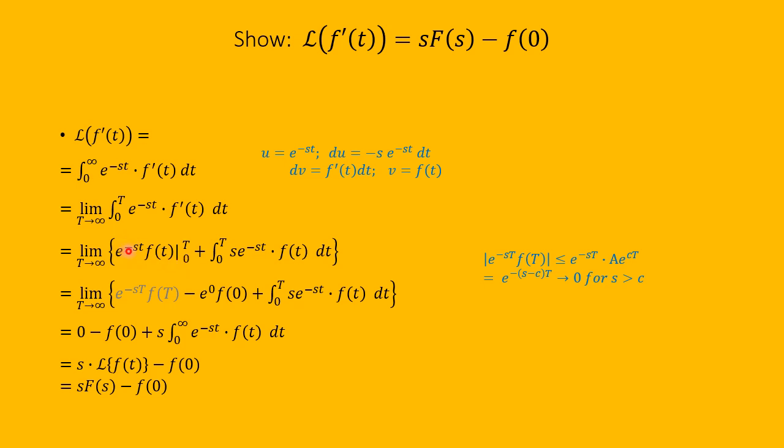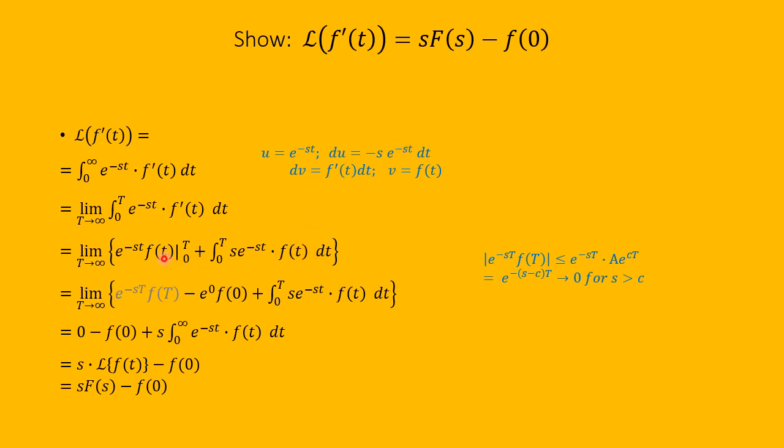Okay, we also have minus the integral of v du. So v is f of t, and du up here is minus s e to the minus st dt. So minus v du, minus a minus is going to give us a plus here. The integral from 0 to T of s e to the minus st from this, times f of t dt.